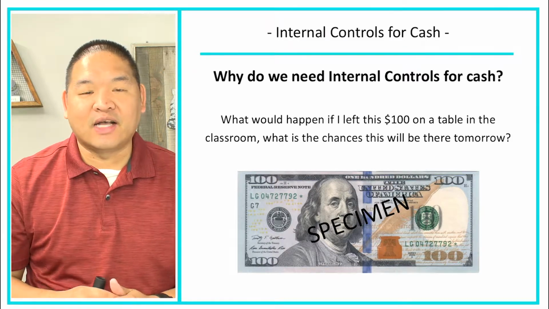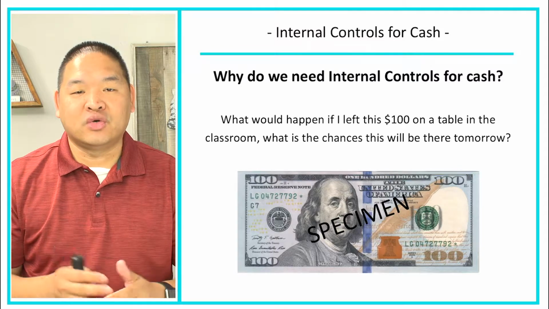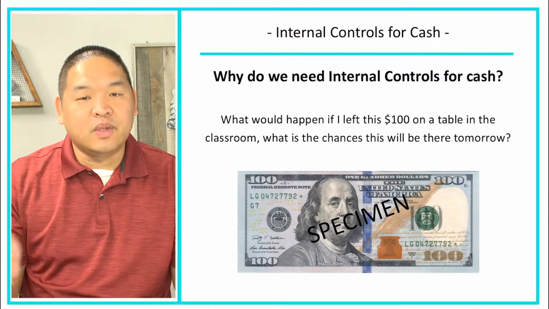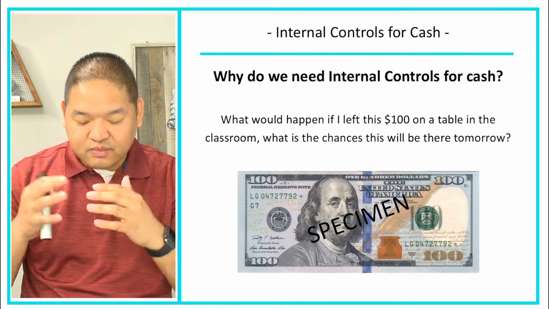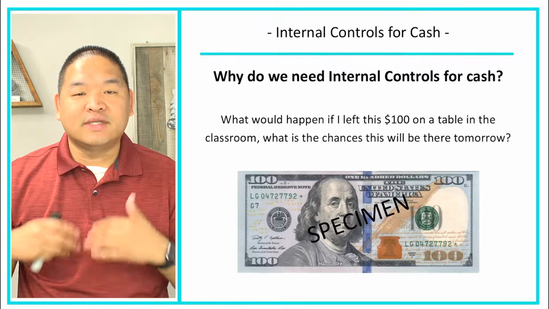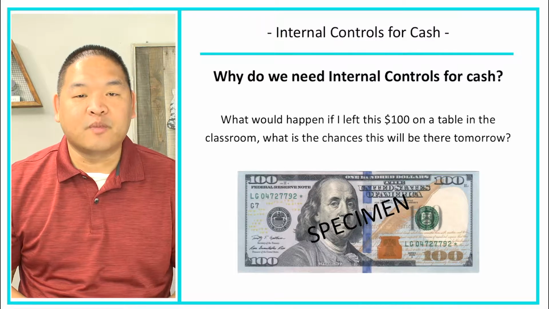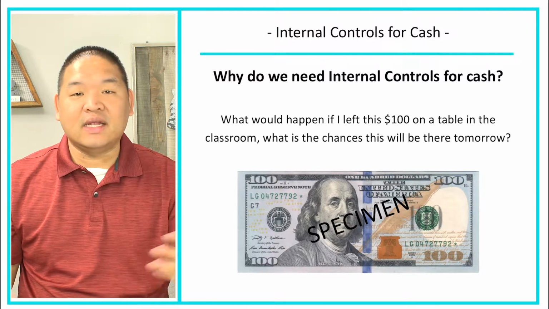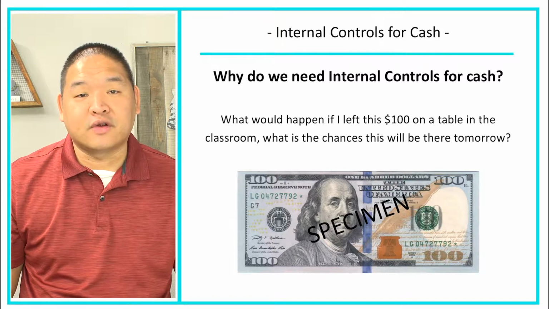We're not talking about a grade school classroom where the teacher and custodians have the key and very few people have access. We're talking about pretty much a public classroom. So what's the susceptibility that this would get stolen? Probably very high, right? Someone can just take it and then it's gone forever.